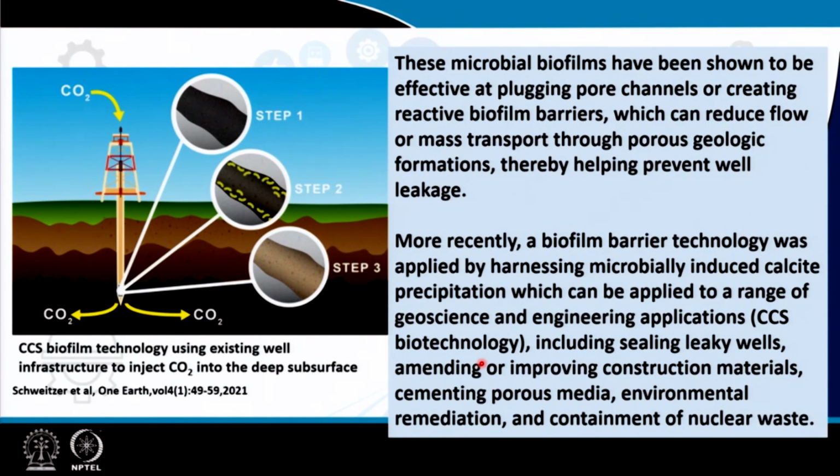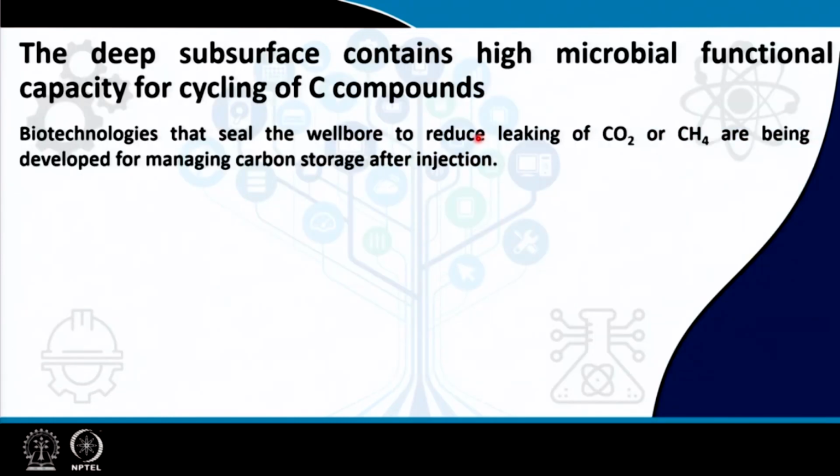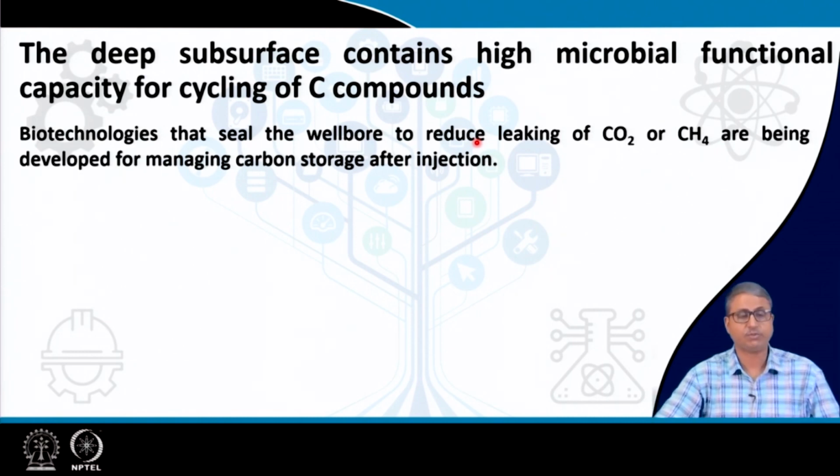So, some of the aspects like the CCS biofilm technology, which helps in 3 steps, like the microbial biofilm can actually allow effective plugging of the pore channels over there, and we can see that there are definite advantages for this.